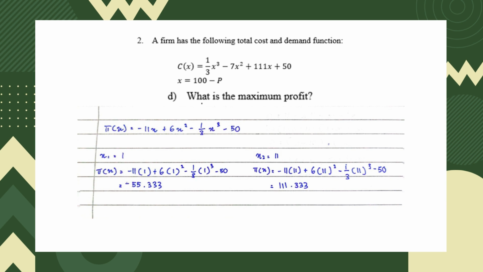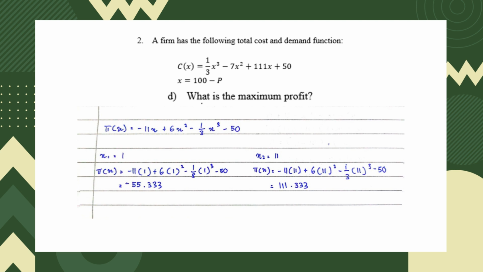So we use the first x, which is 1, and substitute it in the profit function and we get the answer of negative 55.333. When the answer is negative, it is a wrong maximum profit, because maximum profit must be positive.